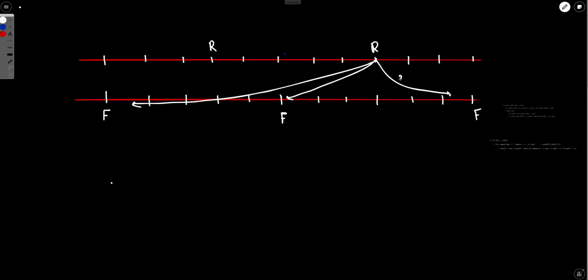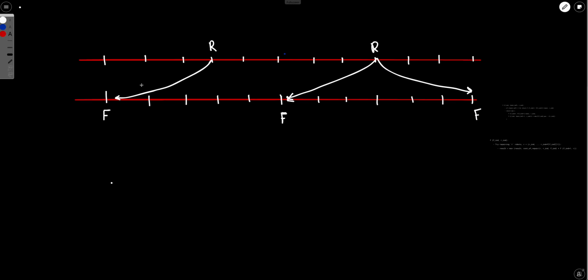This factory is at 3 units of distance, this factory is at 3 units of distance, and this factory is, let's say, x, a very long distance greater than 3. Now you notice that this factory and this factory are at the same distance. So which one will you choose? The answer will depend on the next robot. Let's say for the next robot, this one is at a distance of 3 units and this one is at a distance of 2 units.